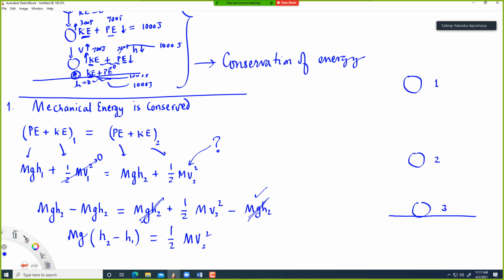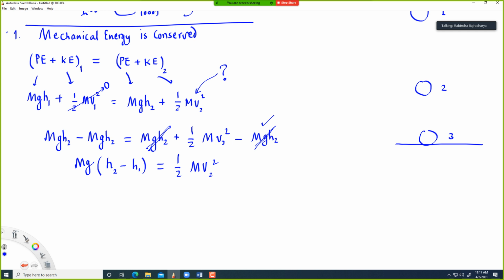Again, I want to find v2, so I need to rearrange the terms here. I need to get rid of the half, so I will multiply both sides by 2, and I also need to get rid of m, so I will divide both sides by m. So we can cancel 2 and 2, m and m.